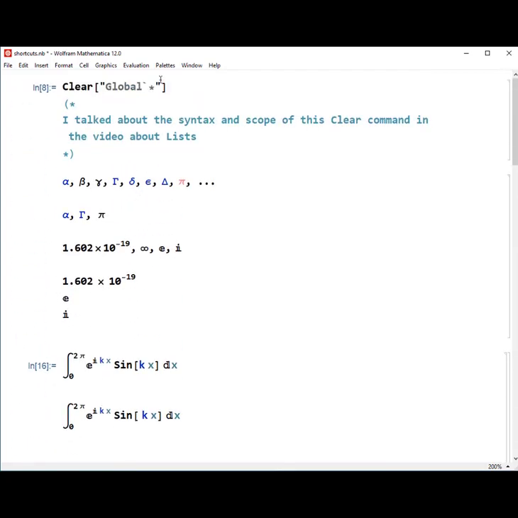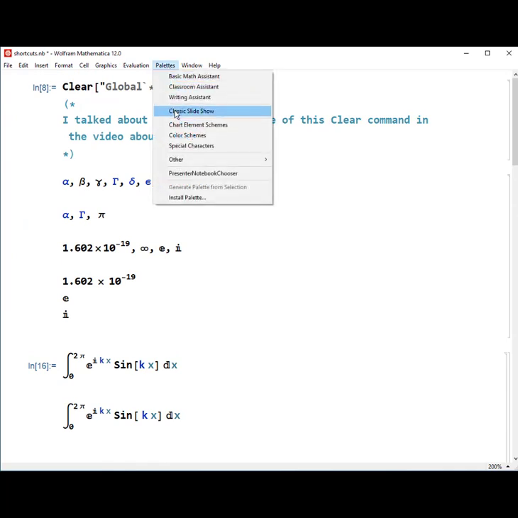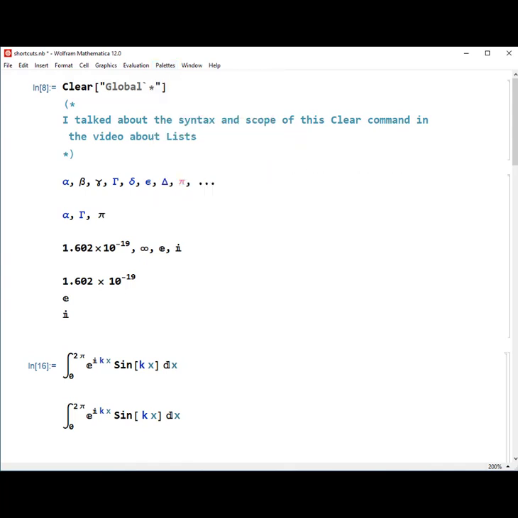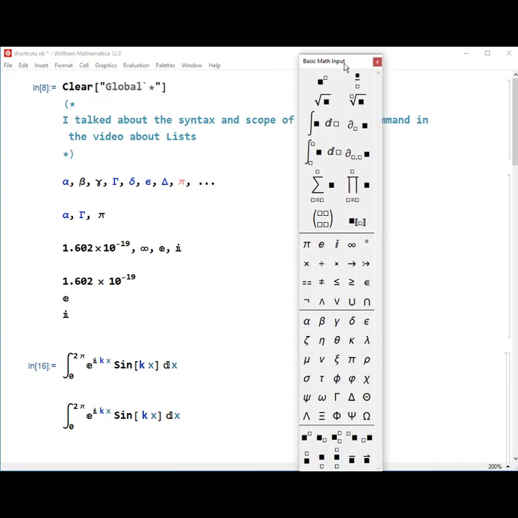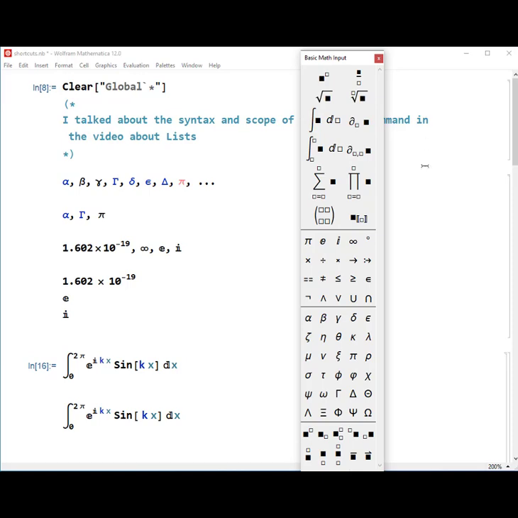And to show you again, I'm going to pull up this palette. How do you determine what some of these keystrokes are? If I go back to that basic math input, if you've forgotten some of these, you can find them again by keying over pi, and it shows you the escape sequence.